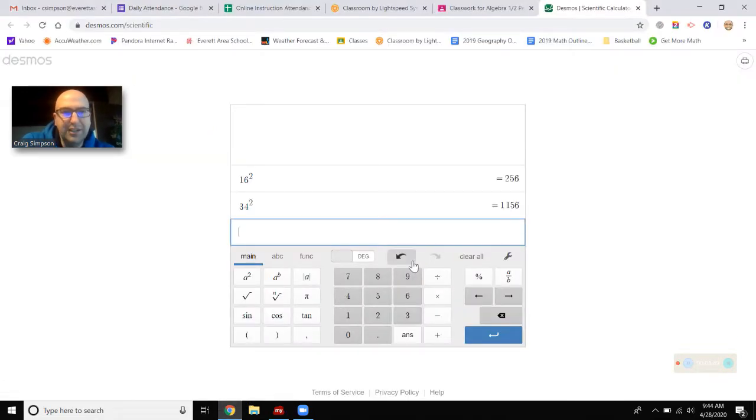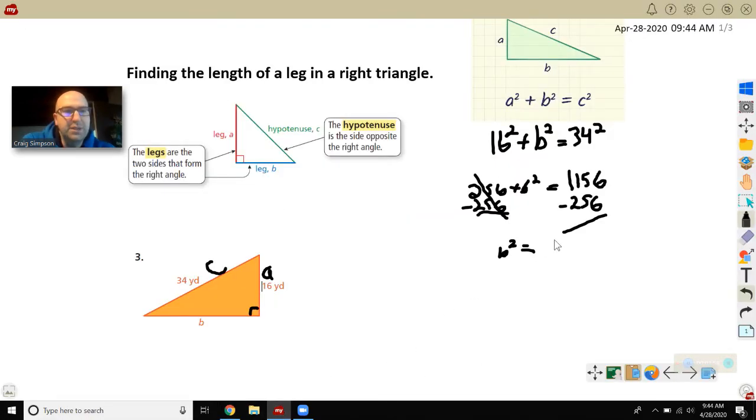I'm going to go back to our calculator. 1156 minus 256 gives us 900. So b squared equals 900. Now we need to get b by itself, which means we need to find the square root of that. What you do to one side, you do to the other.